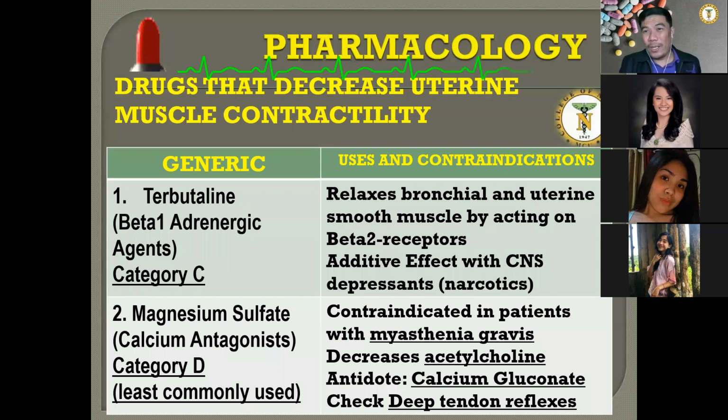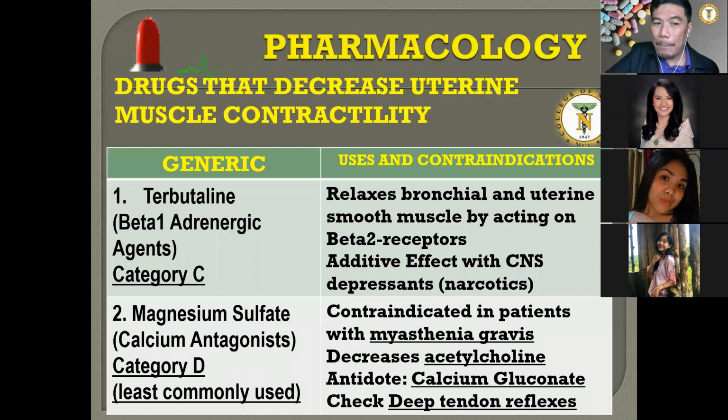It is category C. While the patient is receiving terbutaline, it is usually given intravenously, through the drip or piggyback, mixed with the intravenous fluid. So you must always monitor. If the client is in preterm labor, you also always take into consideration the fetal well-being by checking the fetal heart tone through a Doppler or fetoscope.